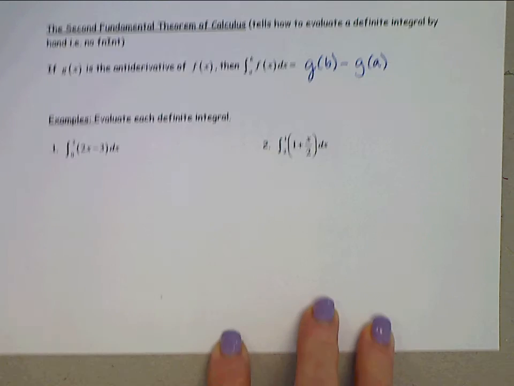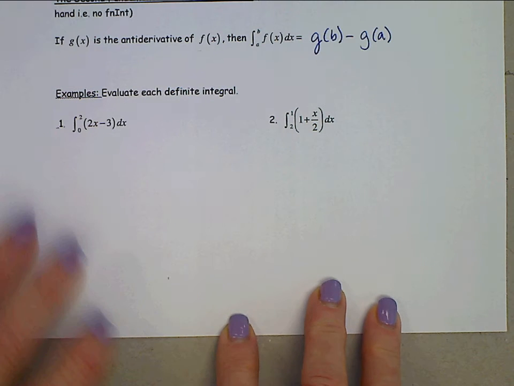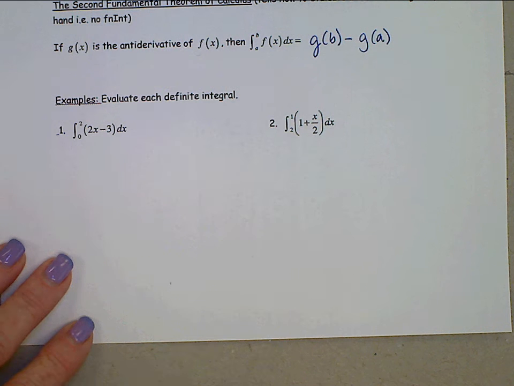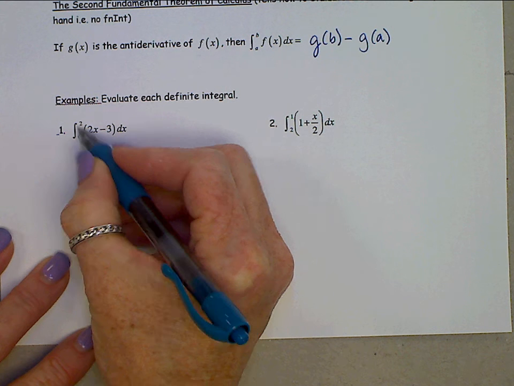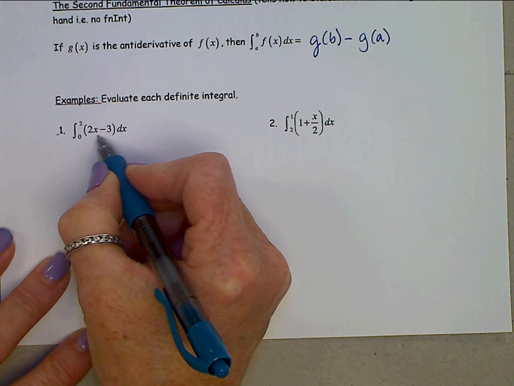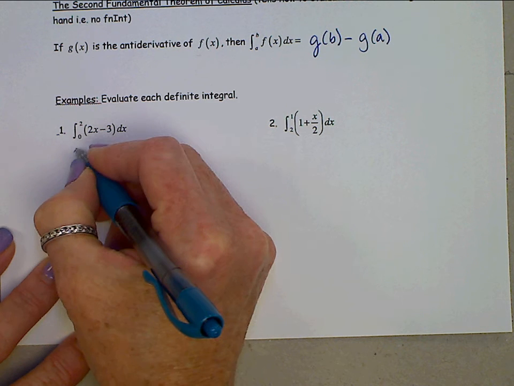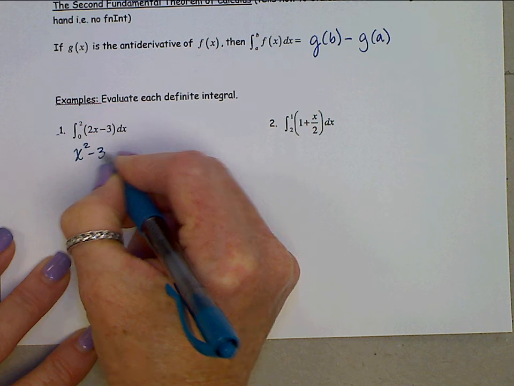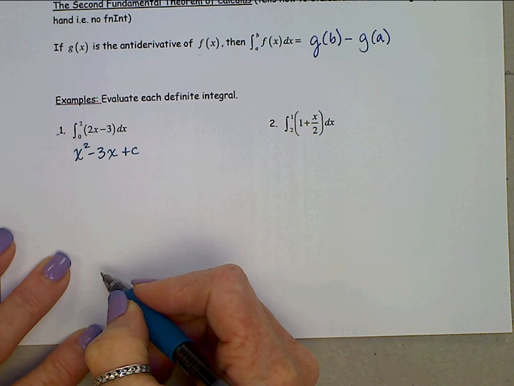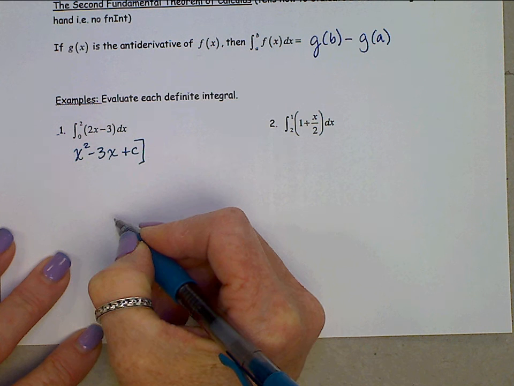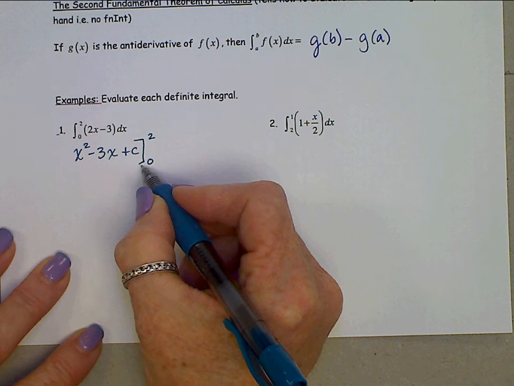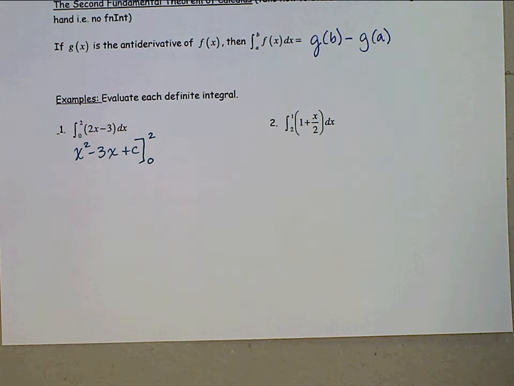All right, now let's go ahead and use that second fundamental theorem to evaluate a few problems here. Looking at this first one, the integral from 0 to 2 of 2x minus 3. First thing, we're going to anti-differentiate this 2x minus 3. That's x squared minus 3x plus c. The notation we use to show that we're going to evaluate that is like this, with one single square bracket, 0 to 2.